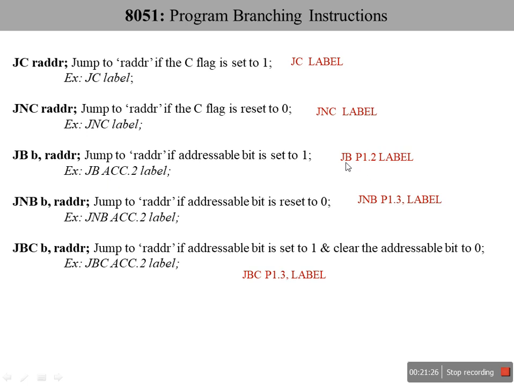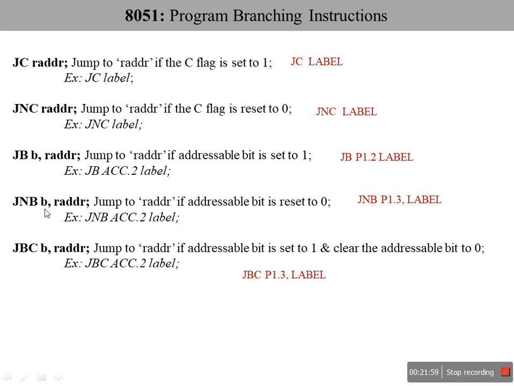Or similarly, JB P1.2, where P1 is port 1 and .2 specifies the third pin of port 1. Here the control goes to the label if the third pin of port 1 carries logic 1. So here it is going to check whether the bit is set or not.